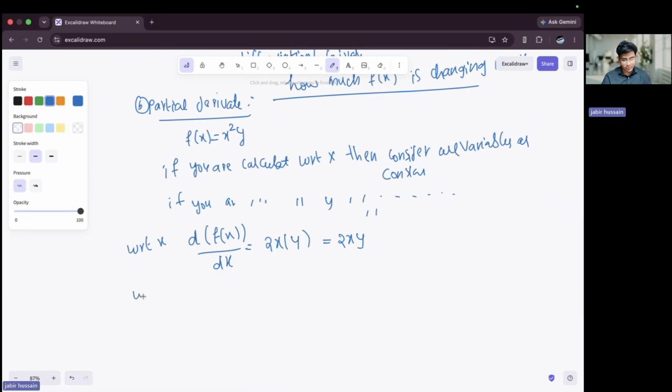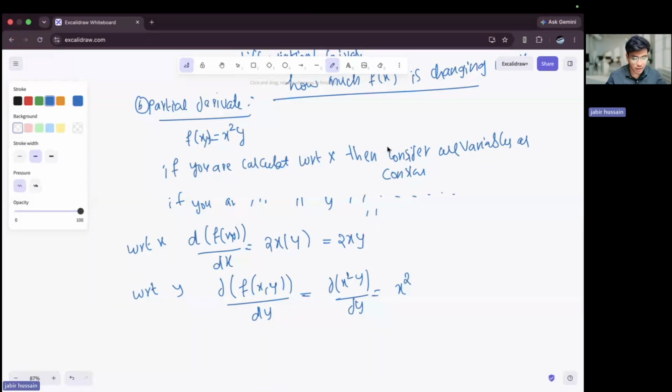Now, if I take with respect to y, then d of f of x comma y divided by dy is the differentiation of x square y by dy. It will give you exactly x square.